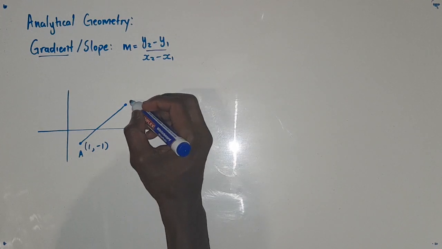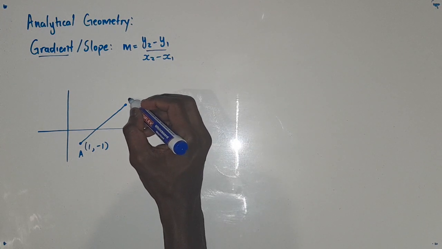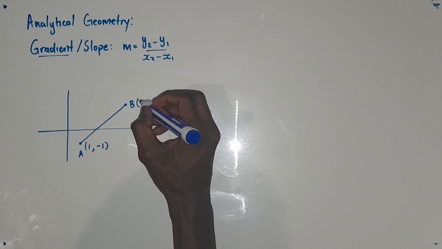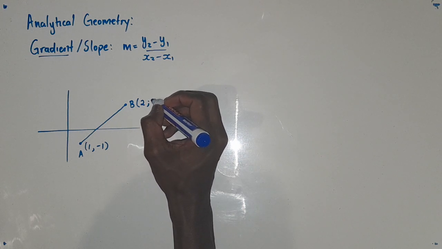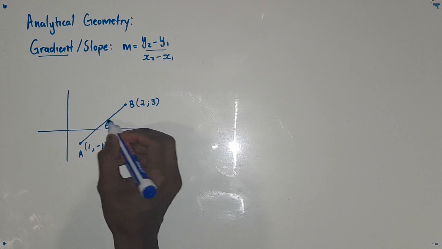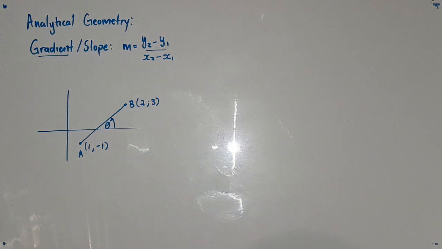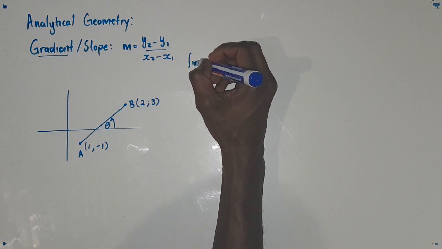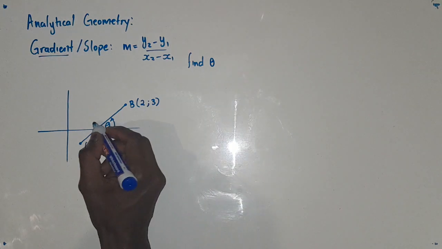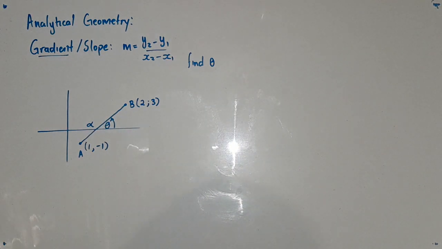Say somewhere there, if let's say we have B, which is, let me just say (2, 3). Somewhere there we have an angle like this. You see? Then now I decide to ask you this question to say now, find theta. Let me add alpha as well. How would you answer this question?